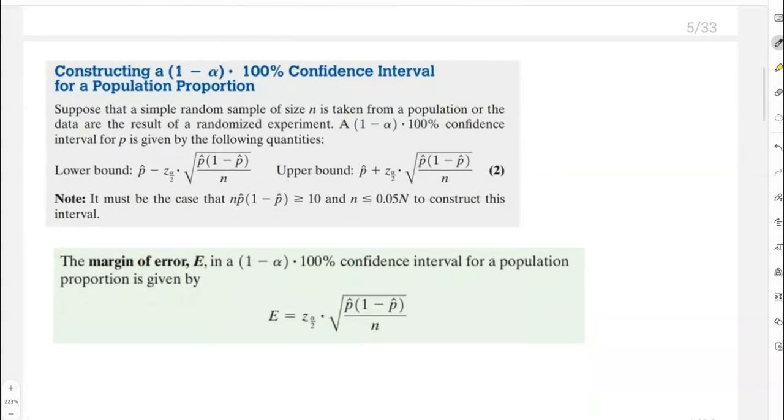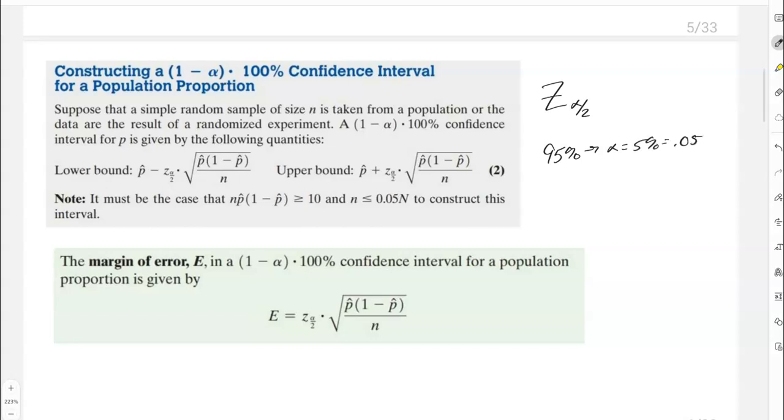So let's look at a few examples. We want to construct some confidence intervals. So our lower bound is going to be p hat minus the error. Upper bound is p hat plus the error. Okay, notice we're going to have to find a z-score that's associated with that, and we're going to have alpha over 2. So if we're looking at being 95% confident, our alpha is the complement of that, which is 5%, which is 0.05.